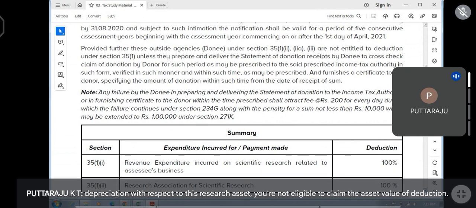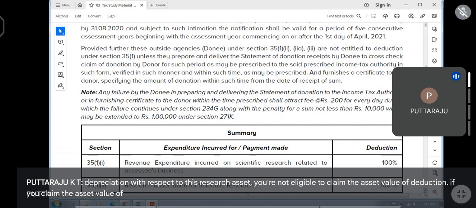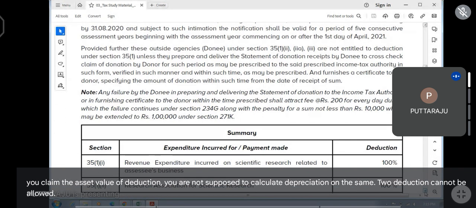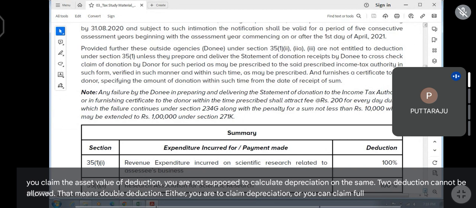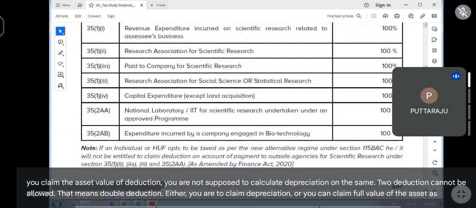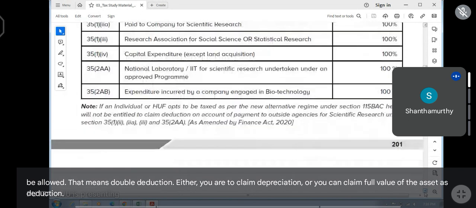If you claim the asset value as deduction, you are not supposed to calculate depreciation on the same. Two deductions cannot be allowed. That means double deduction. Either you have to claim depreciation or you can claim the full value of the asset as deduction. Okay, sir.